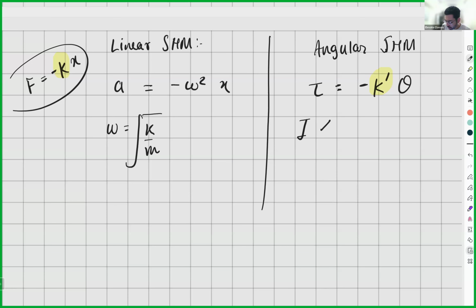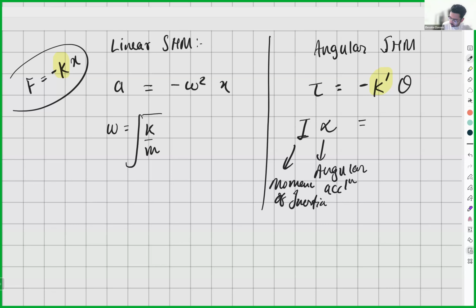So this will be I into alpha, where alpha is the angular acceleration and I is the moment of inertia of the object. So this is minus k dash into theta.